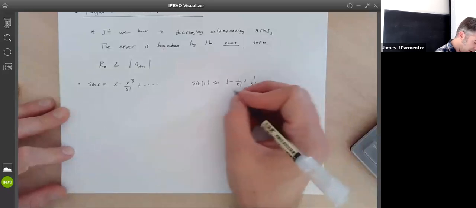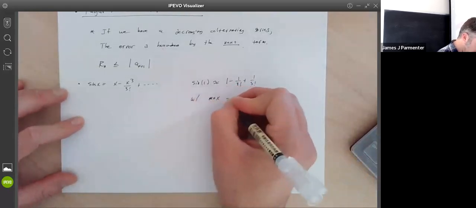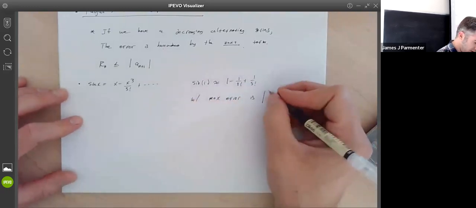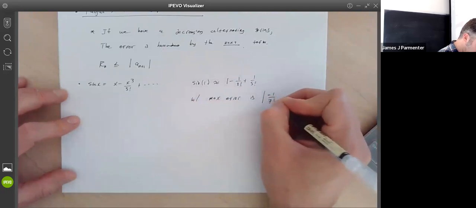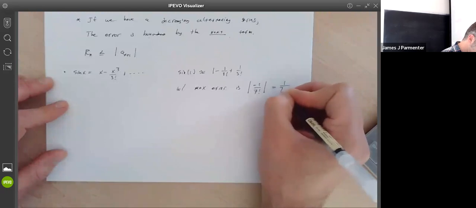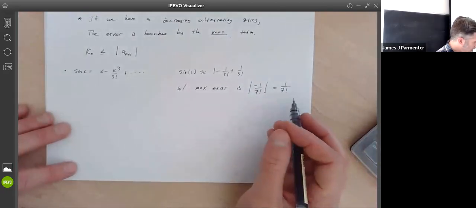And if I stopped there, I could say that the maximum error is going to be the absolute value of the next term, which is negative 1 over 7 factorial, which is just 1 over 7 factorial. That's a pretty good estimate, right? 7 factorial is close to 5,000, right? That's a pretty good estimate.